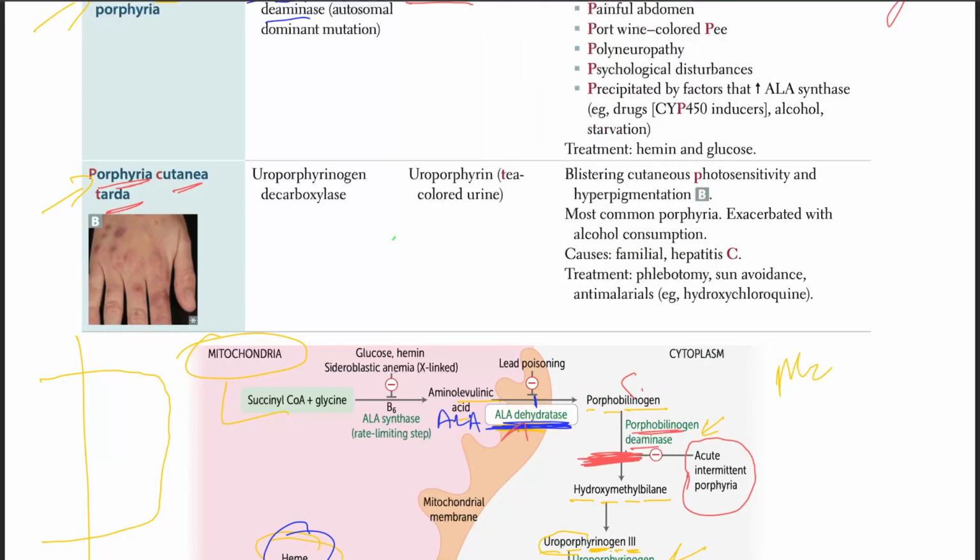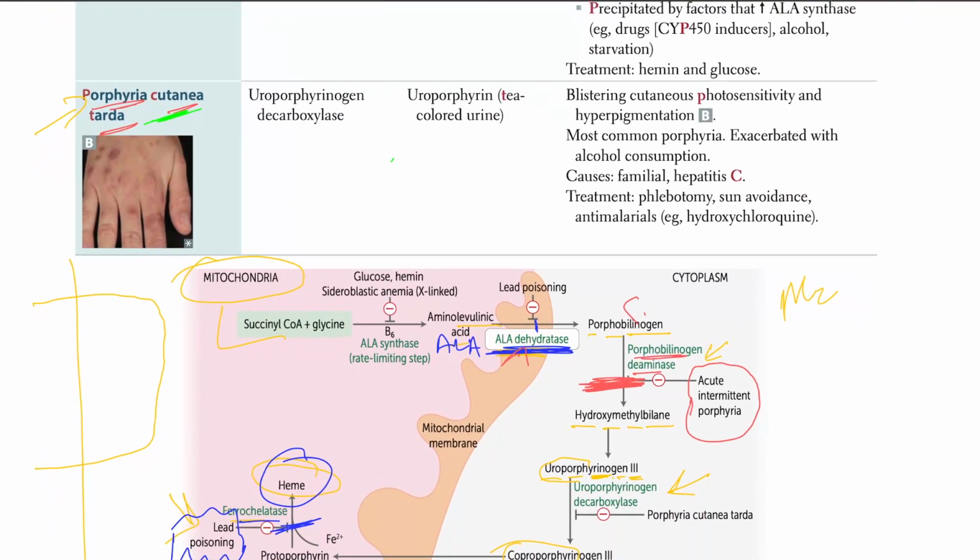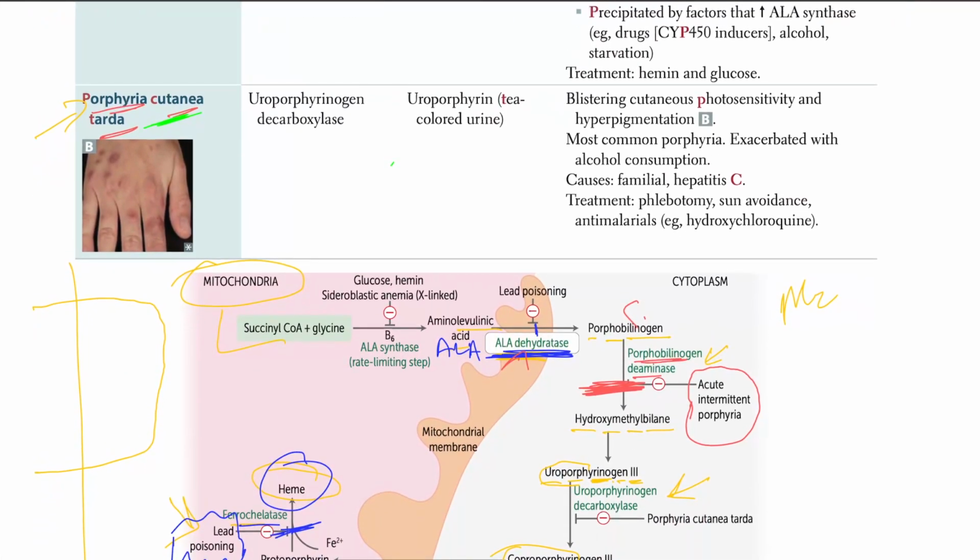So here in Porphyria Cutanea Tarda, now we have the deficiency of uroporphyrinogen decarboxylase. Uroporphyrinogen decarboxylase. Porphyria Cutanea Tarda. So nothing is moving from here onwards.